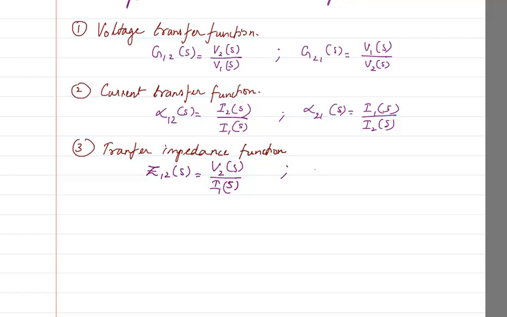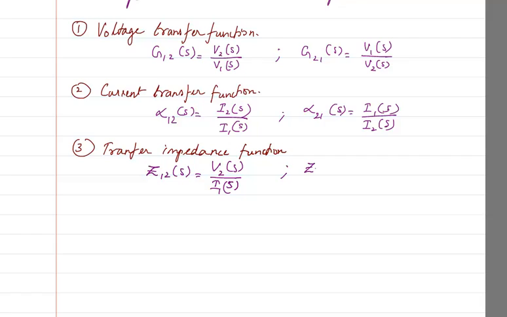Why is it called impedance? Basically because it is voltage by current. But why is it called transfer impedance? Because it is talking about what is the impedance during transfer. Okay, when it goes from port 1 to 2, what is the impedance function during that transfer?